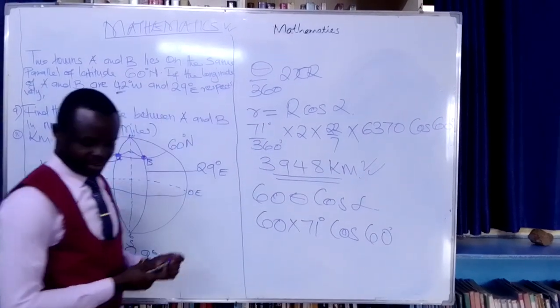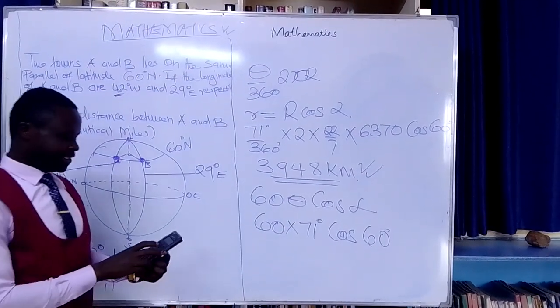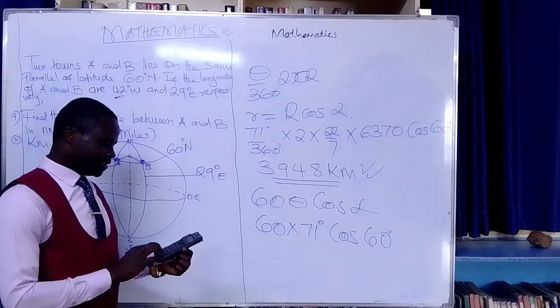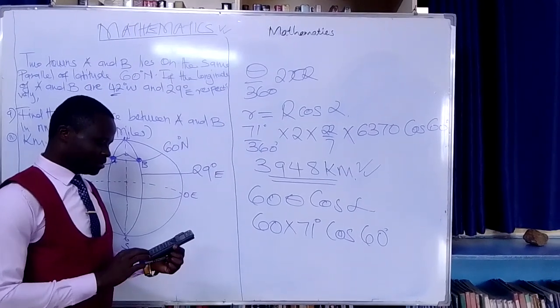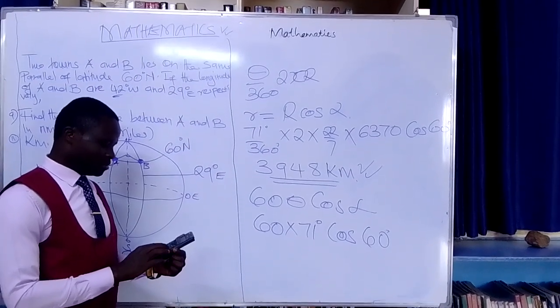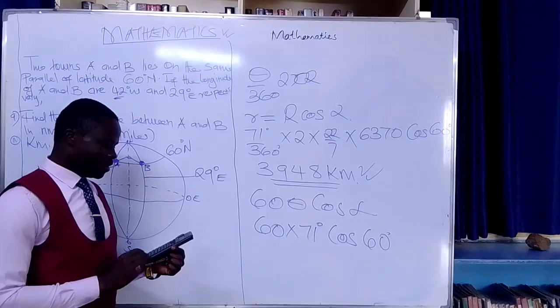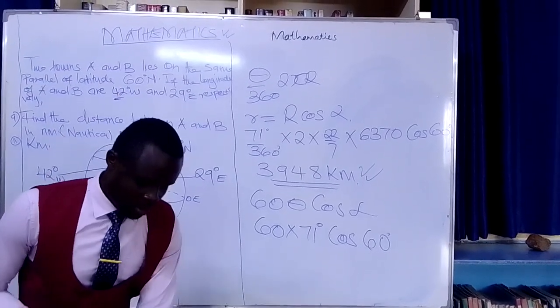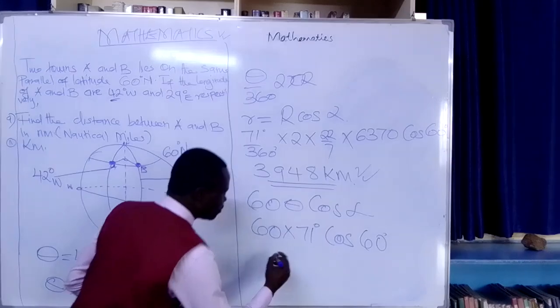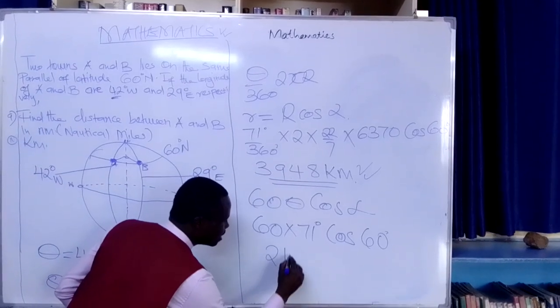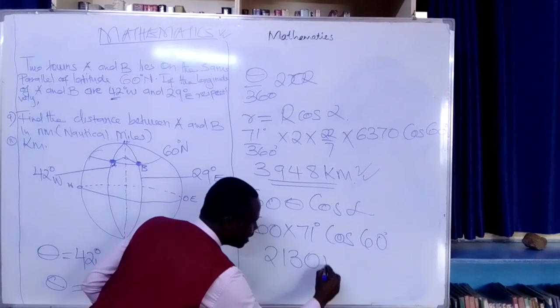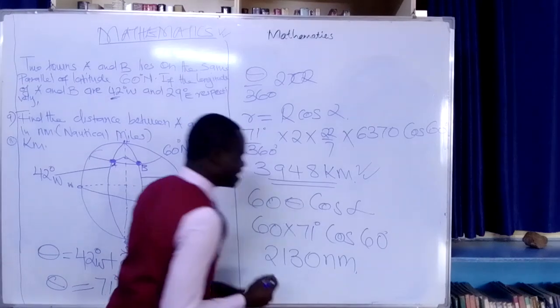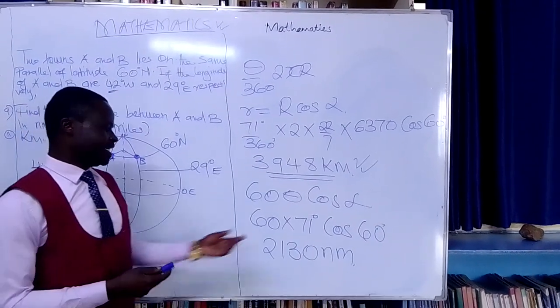If you compute this, 60 times 71 times cos 60, we get 2130 nautical miles. But somebody may ask, why do we use 60 theta cos alpha?